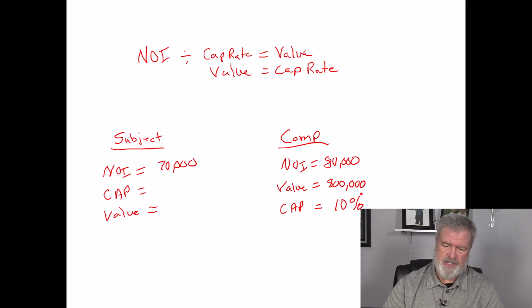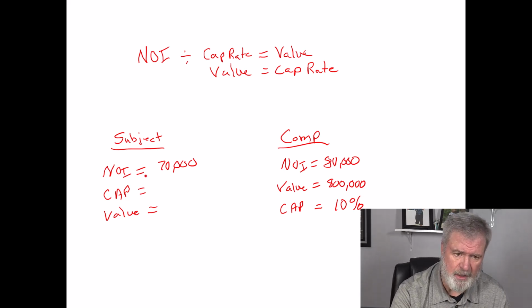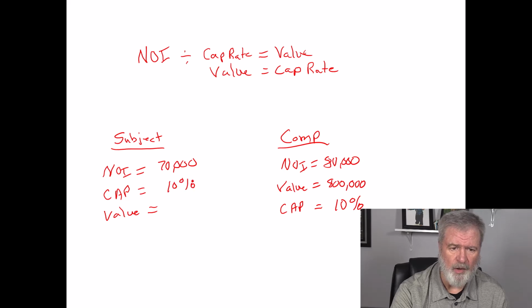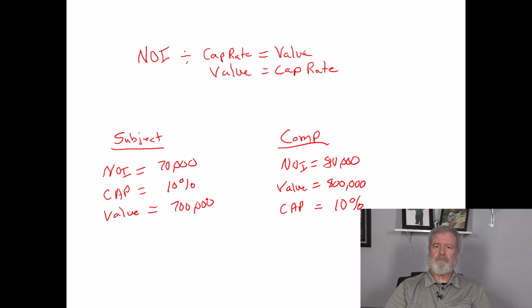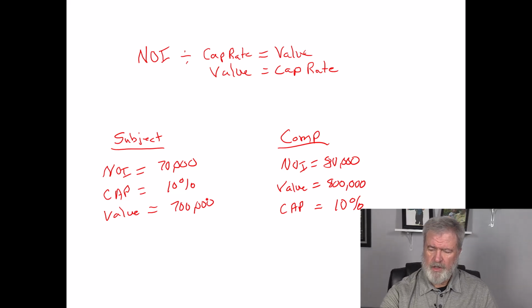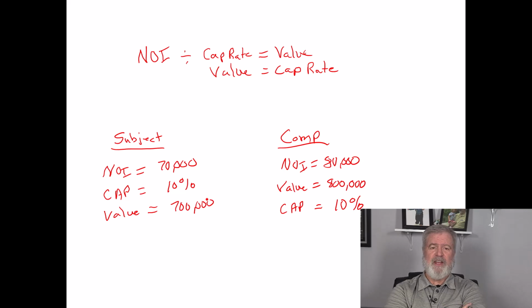But let's say in this case we're going with 10%, so now I come back over to my subject and plug that into my cap rate. To figure out the value, I take the income, 70,000, divided by the cap rate of 10%, and so we should have a value of 700,000, right? And that's all there is to it. It's just not that hard. It really isn't.